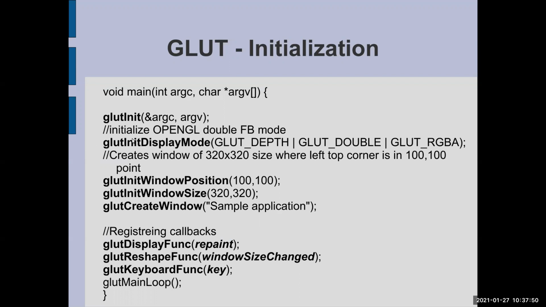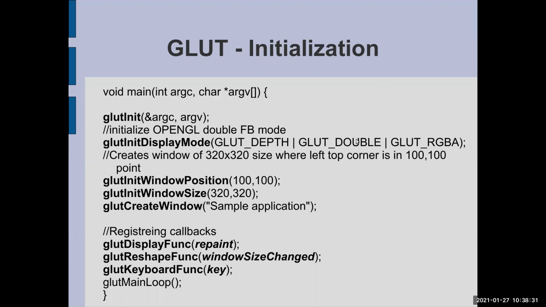Then we have to initialize the display mode. So look, here we have GLUT double. It refers to double buffer. Do you remember what is a single or double buffer mode for graphic cards? You can check it in our previous lectures about graphic cards, but this lets us set two frame buffers mode.